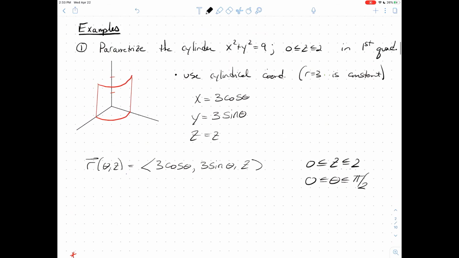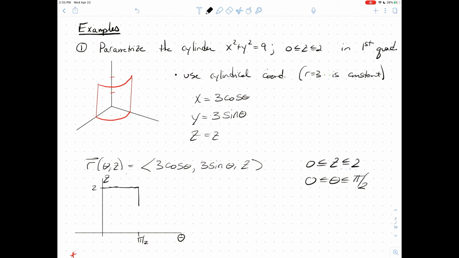And what I want you to realize is when I've got these bounds on my z and my theta, those are nice, but they actually correspond to a region over in the theta z world. So I'll make theta the horizontal axis and z the vertical axis. Theta can go from 0 out to pi halves. z can go between 0 and 2, and so this is 2.